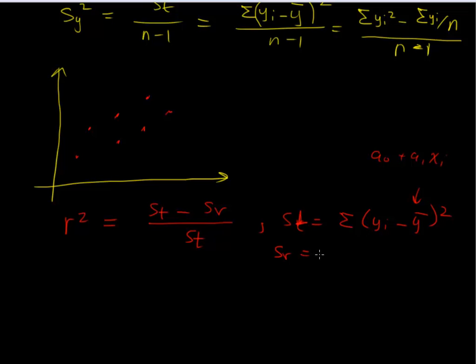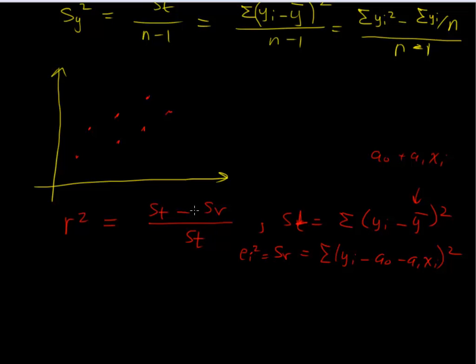So our SR, the total sum of squares of the regression, is the sum of yi minus a0 minus a1 xi squared. And if you see this, this is also the same as ei squared.